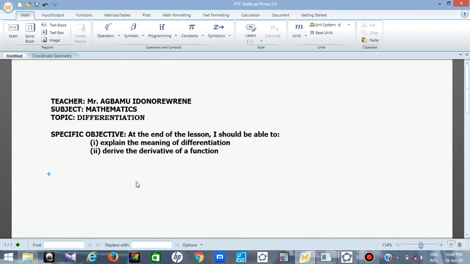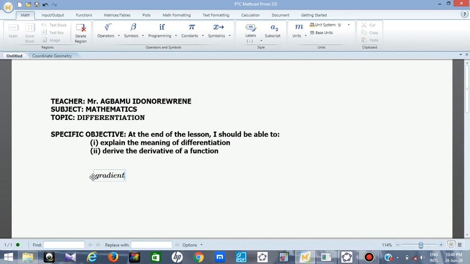That is why we say gradient is increase in y divided by increase in x. So when we say increase in y, we are talking of how y is increasing with respect to the increase in x.